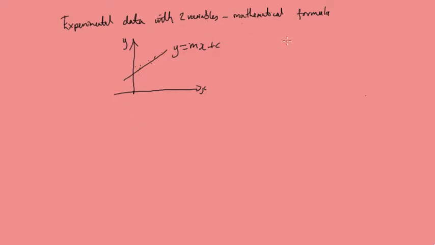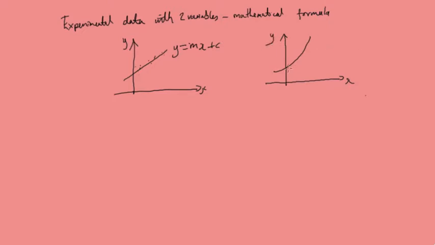However, the natural world is not as nice and easy. More often than not, we'll have something that looks like this. It's not a straight line, and it's not so easy to find the relationship between our variables x and y.